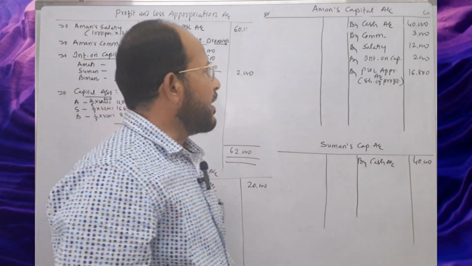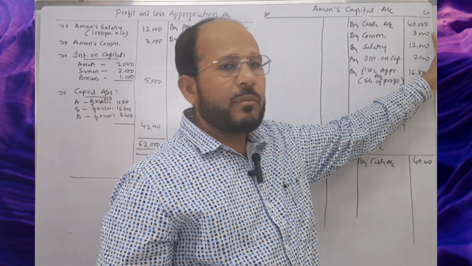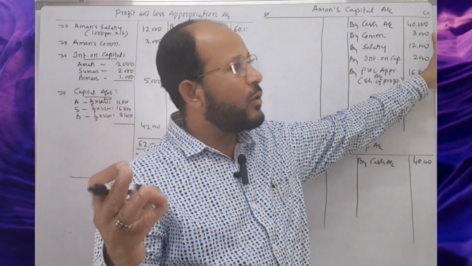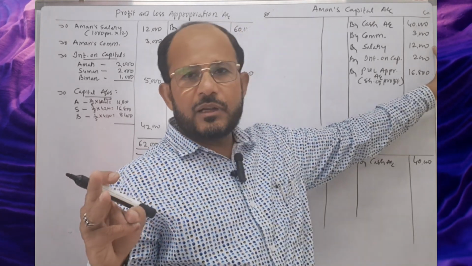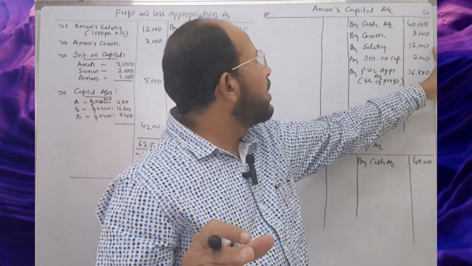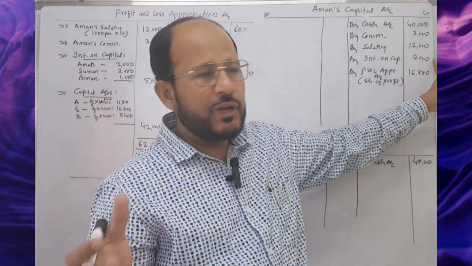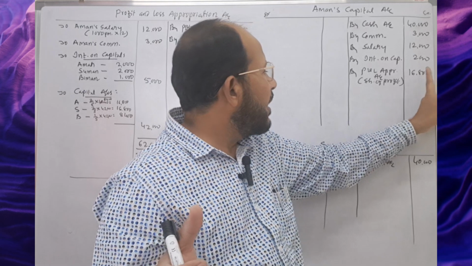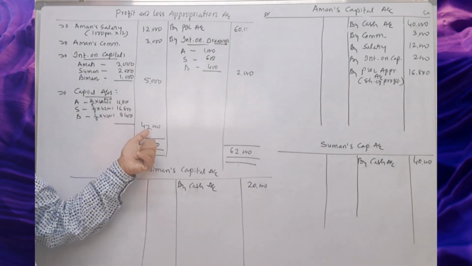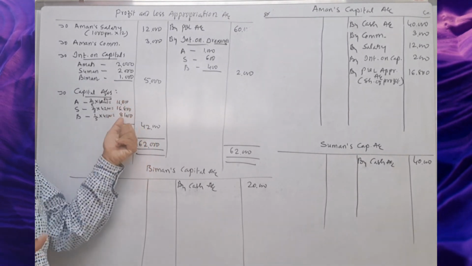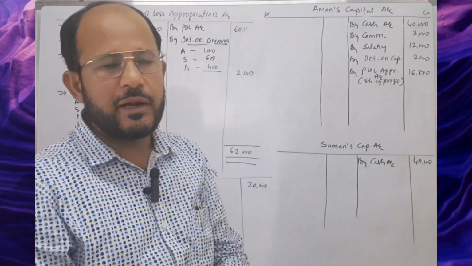Try to understand here: Aman is entitled to get the commission of rupees 3,000. This is an amount of income, that is why it is credited here. Salary is also an amount to be paid to the partner, hence it is also credited. Interest on capital is also income of the partner, hence it is credited. And whatever profit has remained, rupees 42,000, is distributed in their profit sharing ratio. Therefore, the share of Aman comes to rupees 16,800.